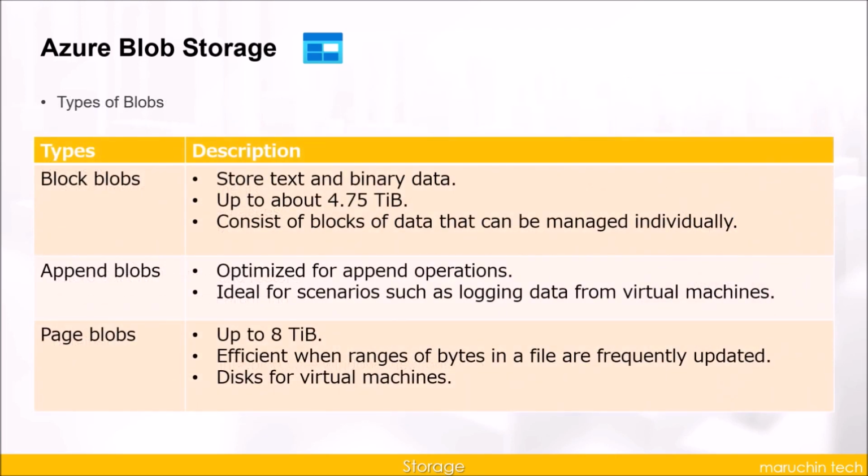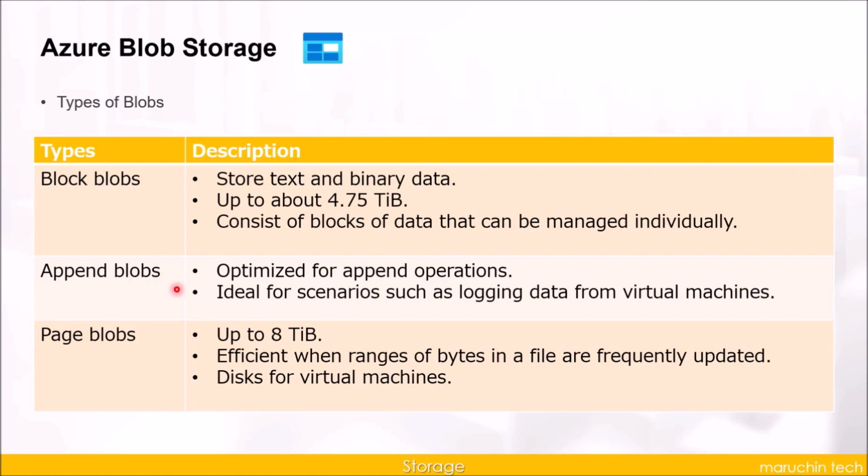Blob storage offers three types of blob: block blobs, append blobs, and page blobs. The block blob is used for storing text and binary data up to about 4.75 TB, and they are made up of blocks of data that can be managed individually.